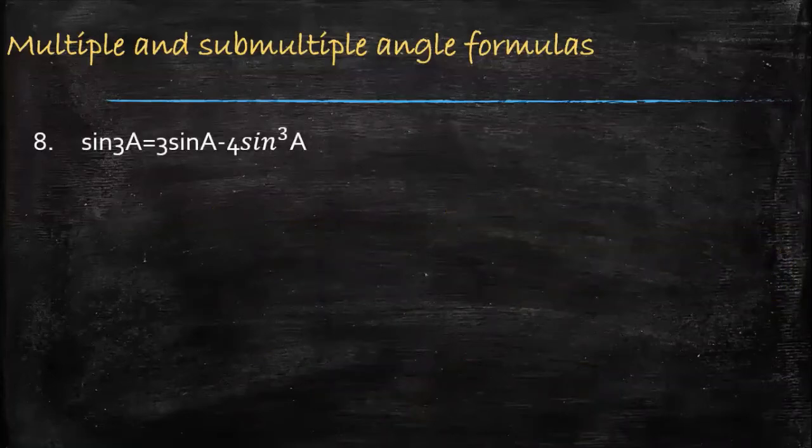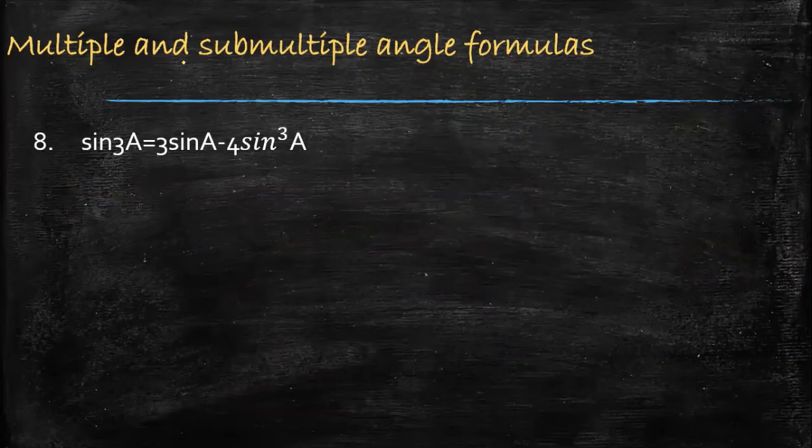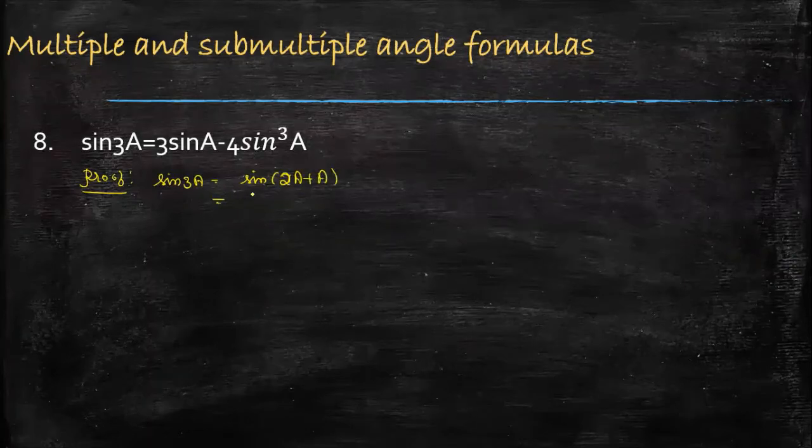Next formula, that's for sin 3a. Sin 3a is equal to, this is what we are asked to prove. So same way, let us move on. Sin 3a. 3a can be written as 2a plus a. Now we have this in sin a plus b form where we can apply sin a plus b formula.